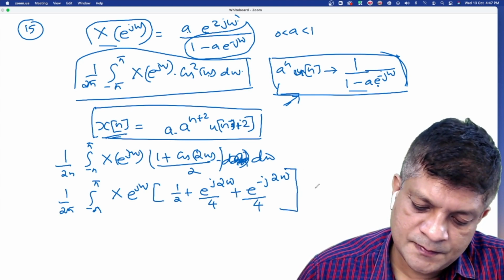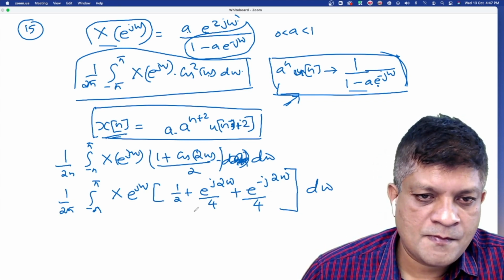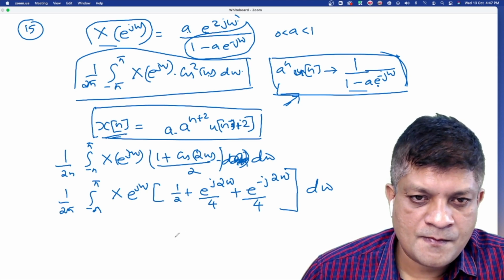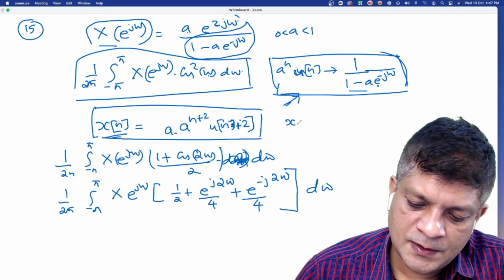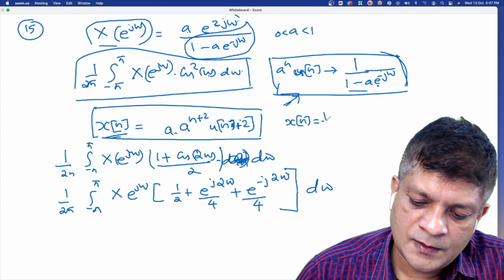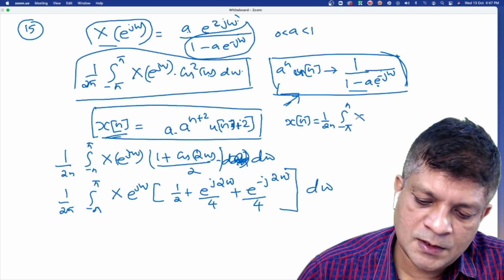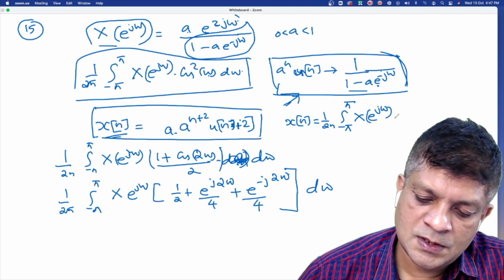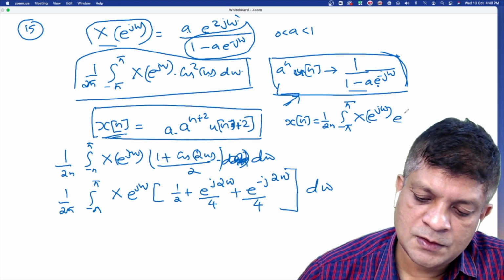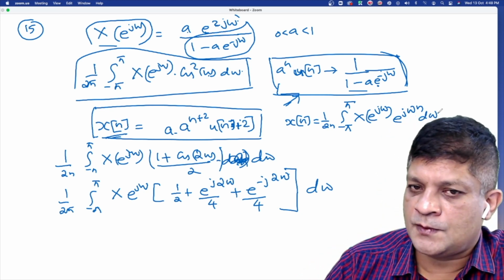Is it this? Yes, sir. Now what is x of n? x of n is 1 upon 2 pi integral from minus pi to pi of X of e to the power j omega into e to the power j omega n d omega. This is the inverse Fourier transform.